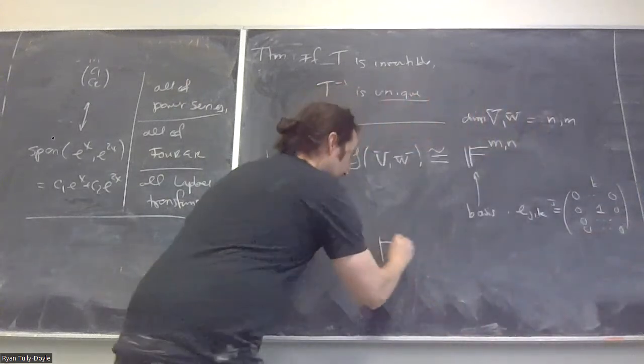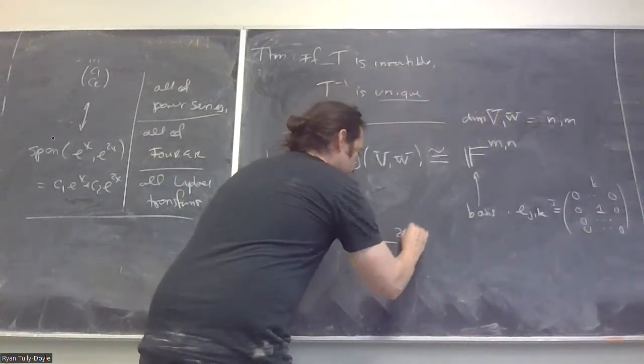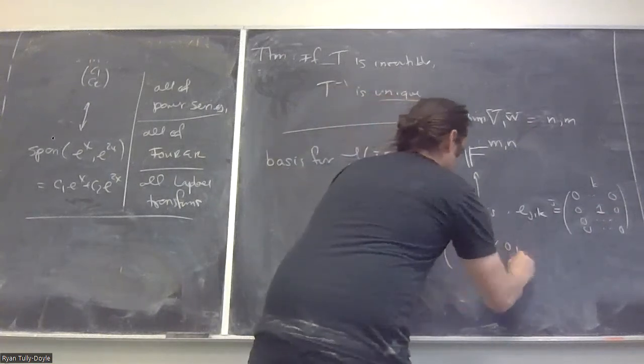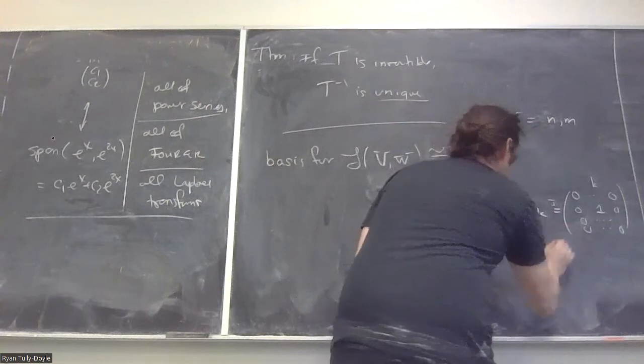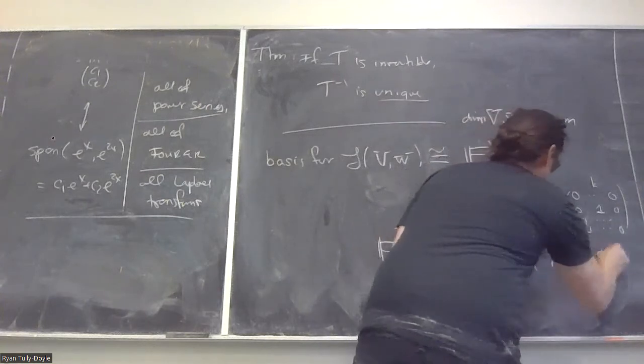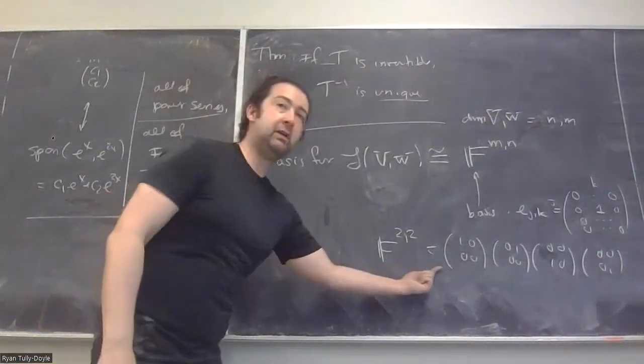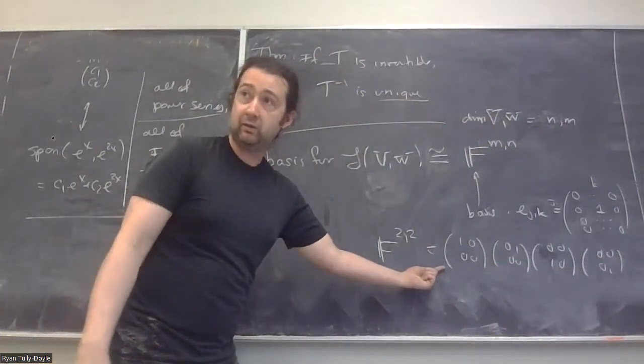As an example, in F^(2×2), the basis would be [1 0; 0 0], [0 1; 0 0], [0 0; 1 0] and [0 0; 0 1]. Any 2x2 matrix can be built by linear combinations of these.